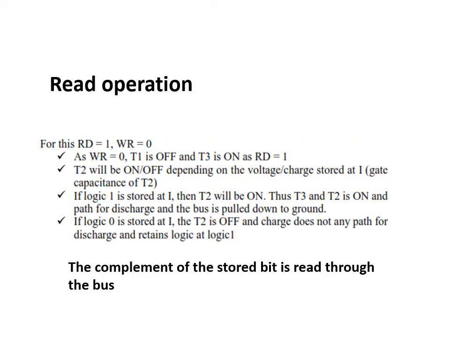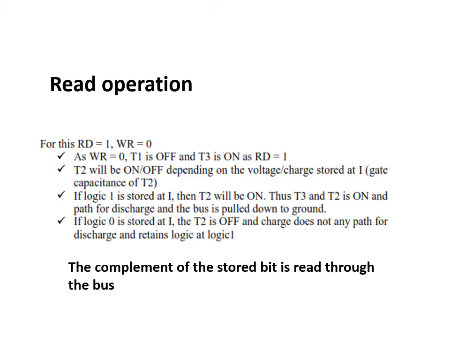Let us look into the read operation. For read operation, read control input is equal to 1 and write is equal to 0. As write is equal to 0, T1 will be in off state and T3 will be in on state, because read control input is 1. So T2 will be in on or off state depending upon the voltage or the charge that is stored as gate capacitance. Now let me consider that logic 1 is stored, then T2 will be in on state.